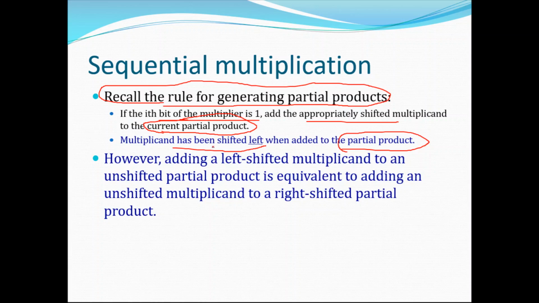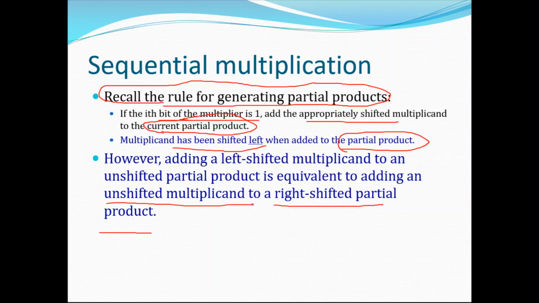So shifting the multiplicand left by I times and adding it with the partial product is equivalent to, please understand carefully, shifting the partial product to the right for I times and adding it with the unshifted multiplicand.